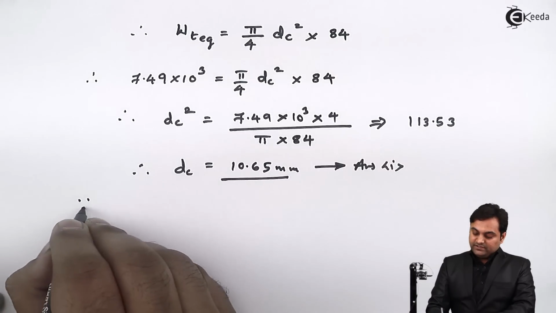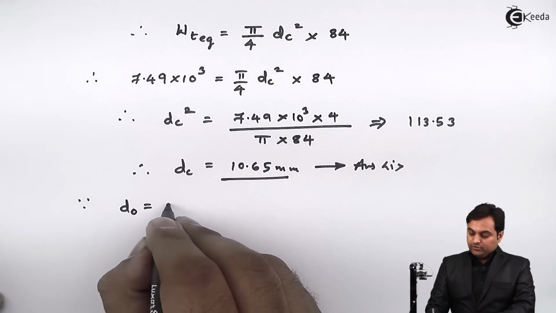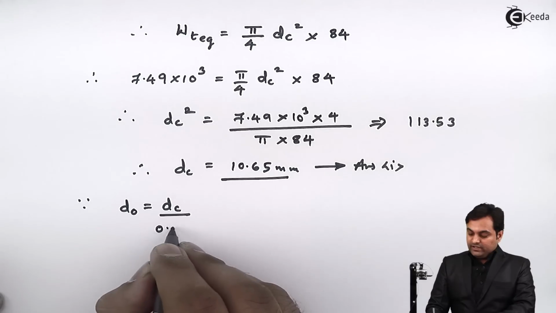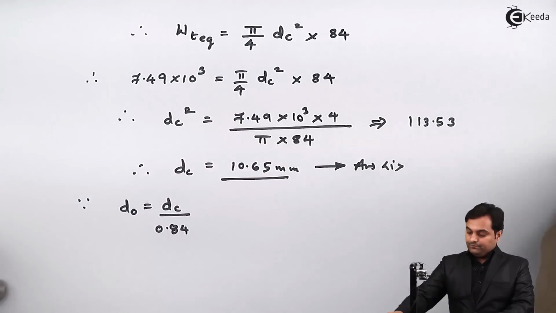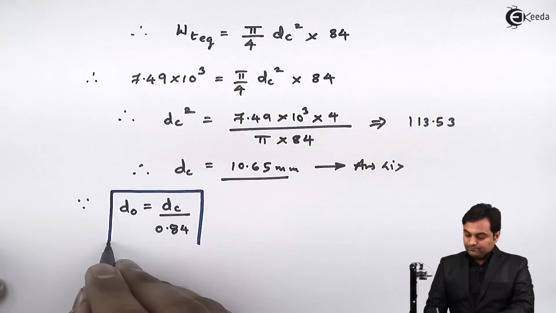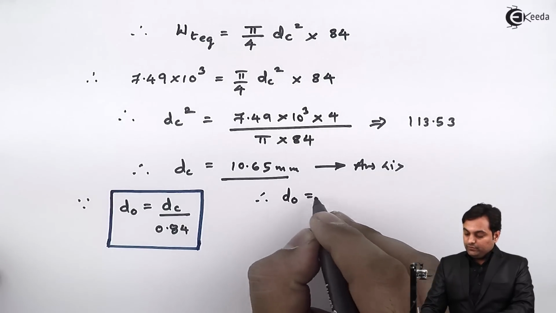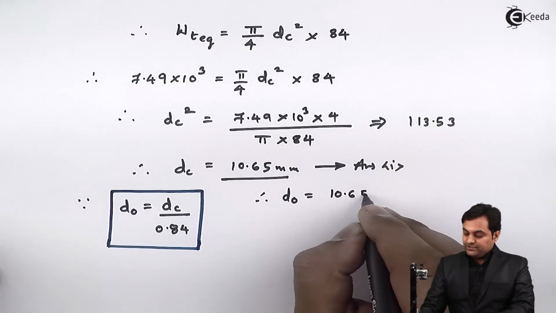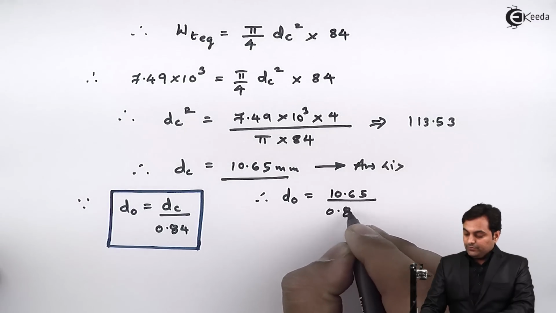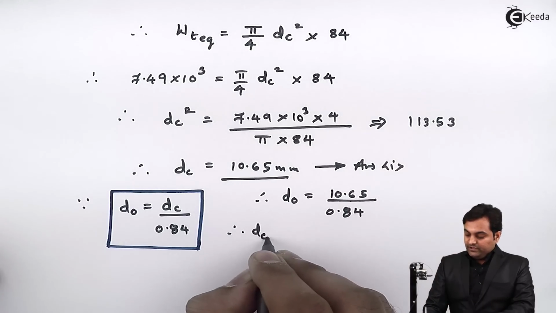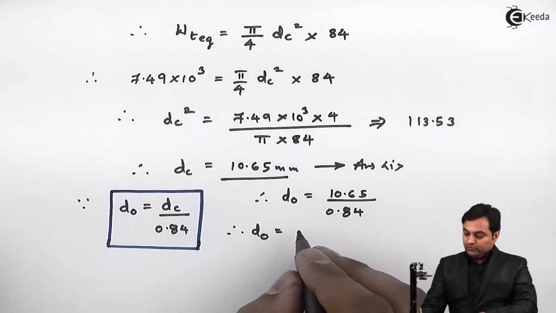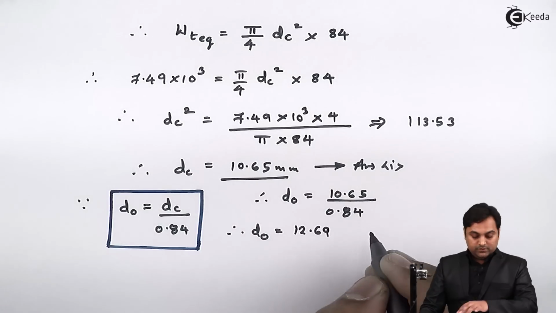Next we can say that since DO, which is the nominal diameter, is core diameter by 0.84, therefore DO is equal to core diameter 10.65 divided by 0.84, so nominal diameter comes out to be 12.69 mm.